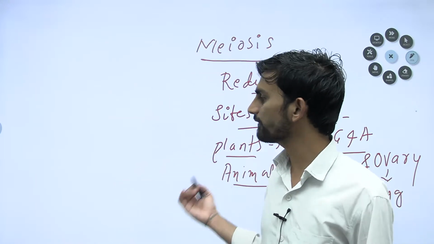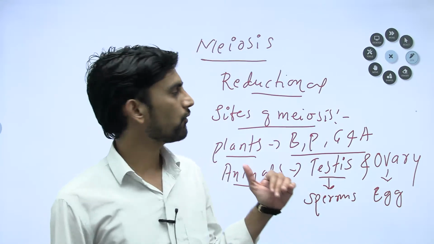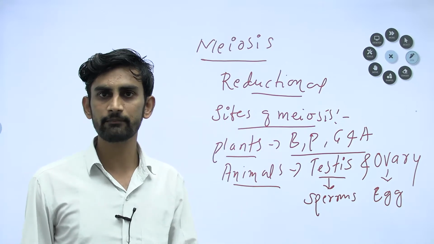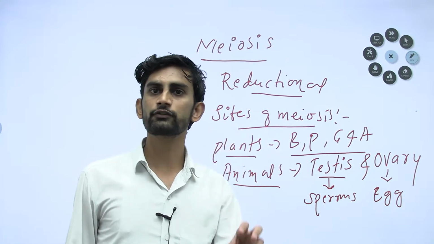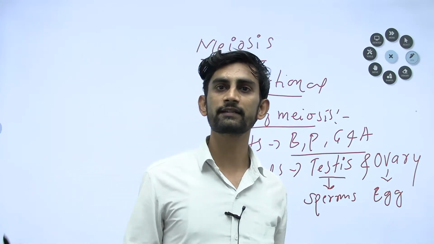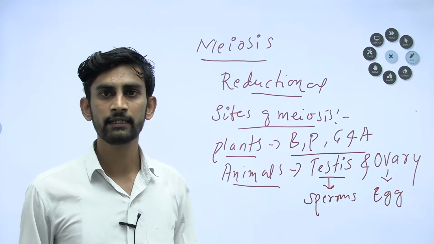In a similar way, take sperms. After reaching maturity in males also, millions of sperms are produced within the testes, and this happens only by undergoing meiotic cell division.